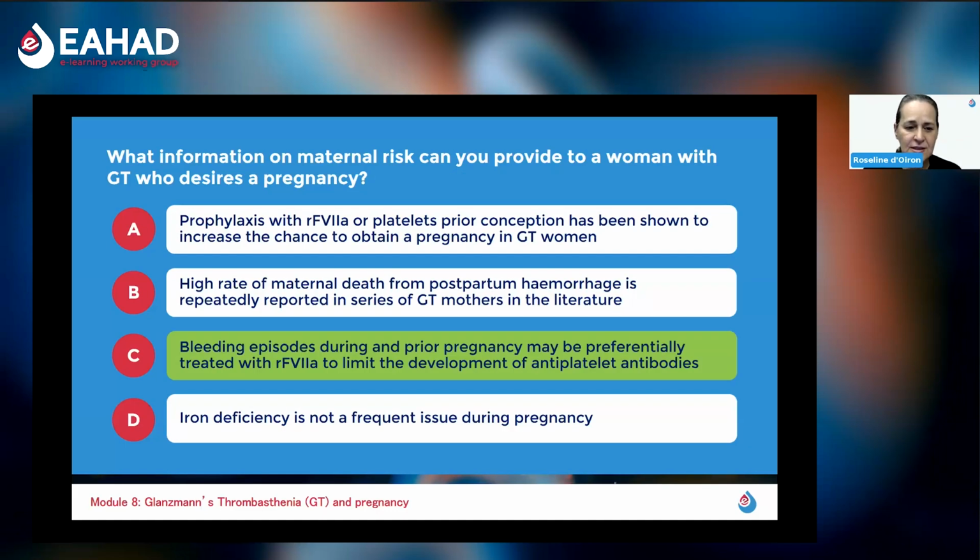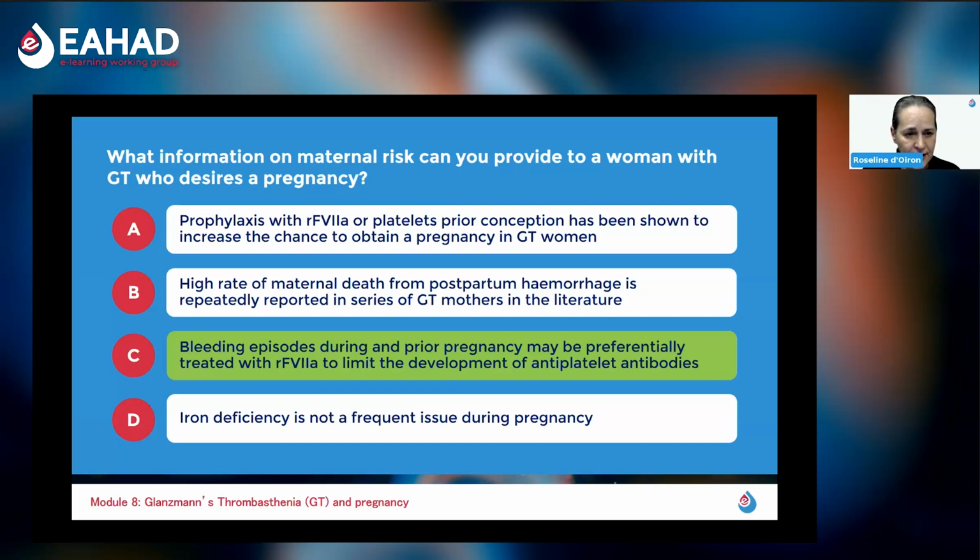So the right answer is number C. Bleeding episodes during and prior to pregnancy may be preferentially treated with 7A to limit the development of antiplatelet antibodies. This is particularly key in order to help GT women to have as few complications as possible.